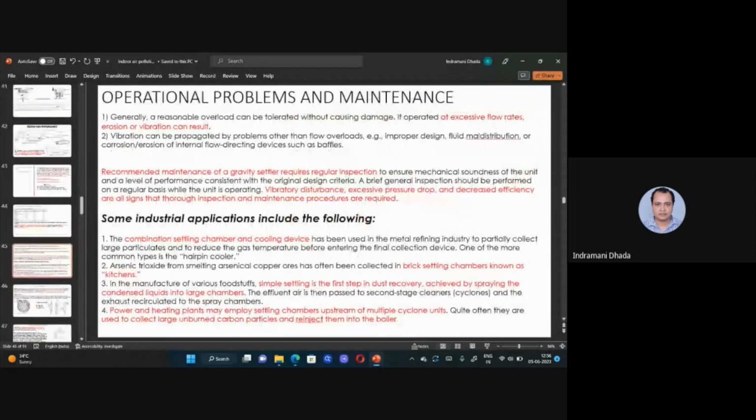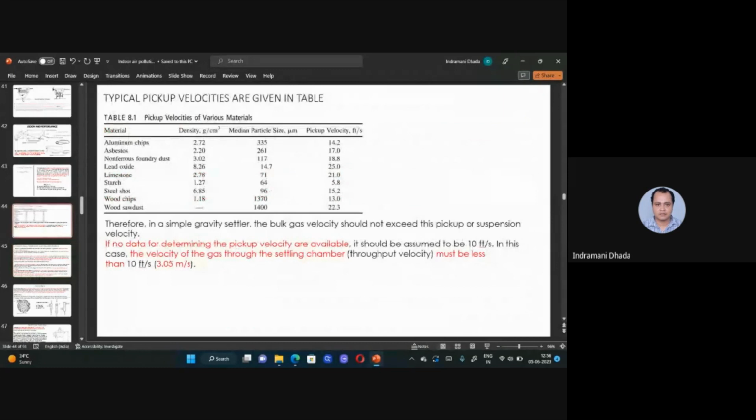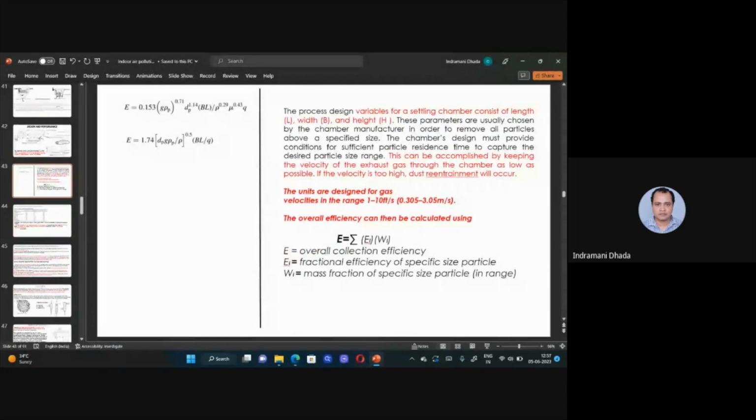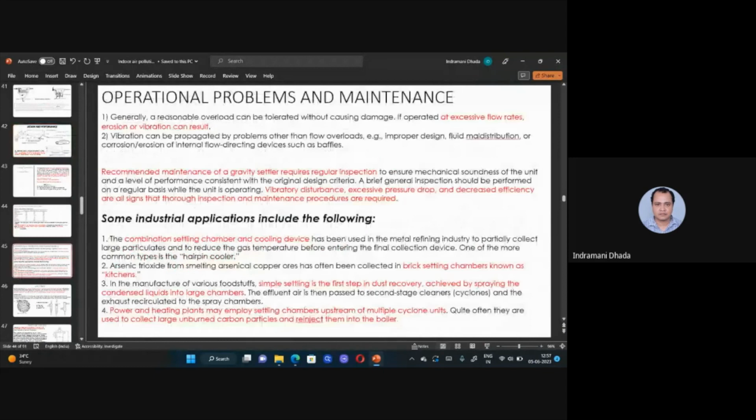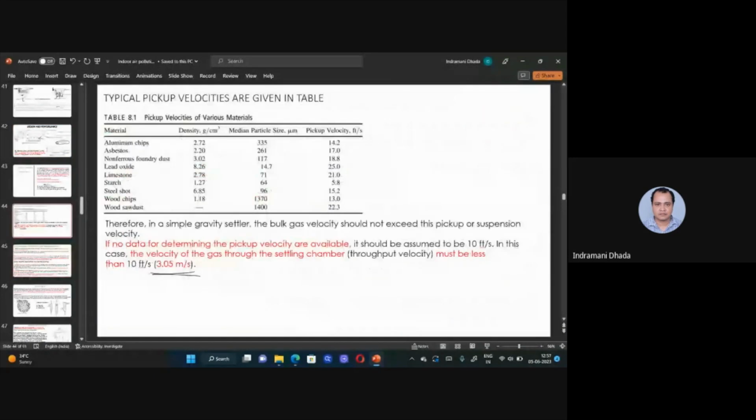Similarly, there are certain problems in this gravity chamber. Sometimes for design purposes you are not getting the flow rate, and you don't know what kind of particles. In such a case, you can assume the velocity, for example 3.05 meter per second.